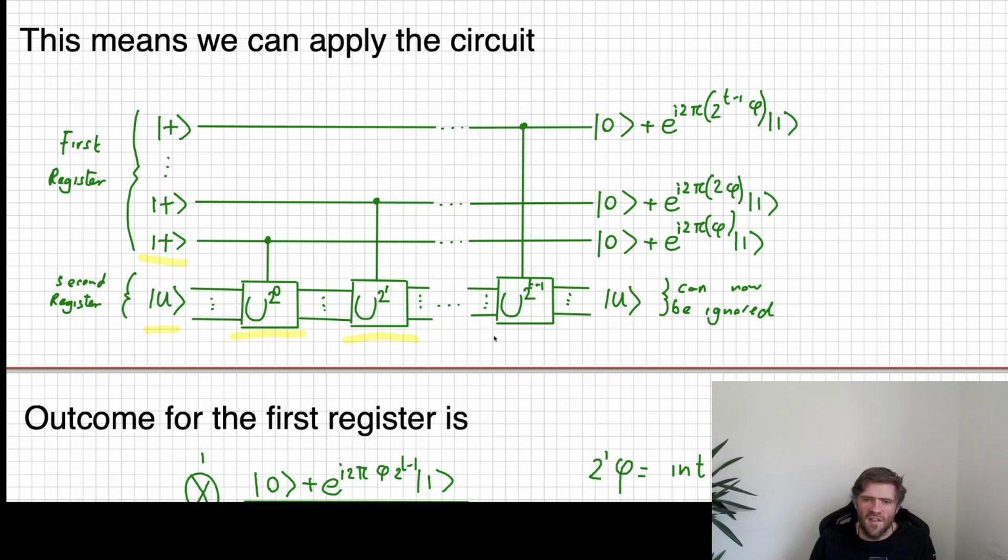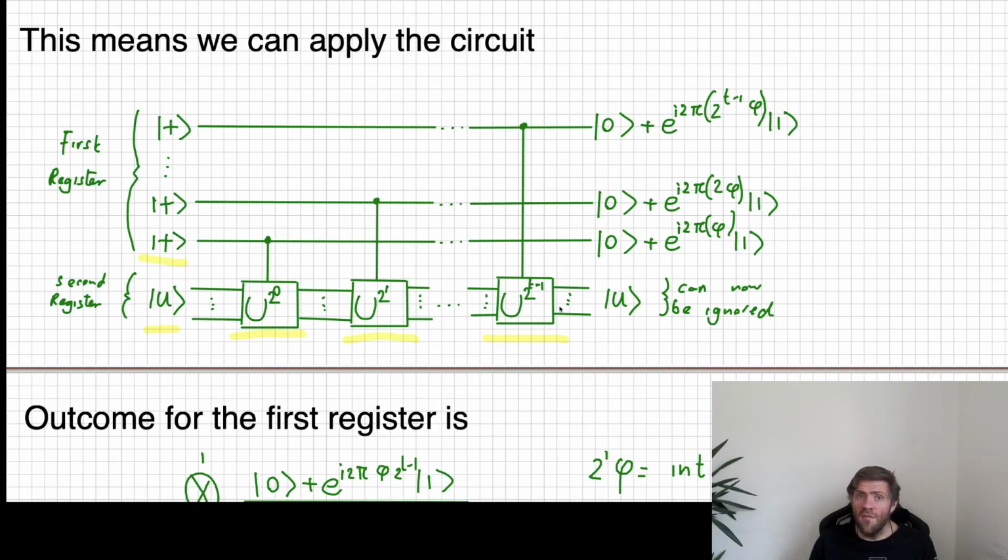But in any case, we do that, and then we do all of the other powers until we get to u to the 2 to the t minus 1. Again, t is the number of bits required to represent this, and therefore it's also the number of qubits that we have in the first register. So there's t qubits in the first register.